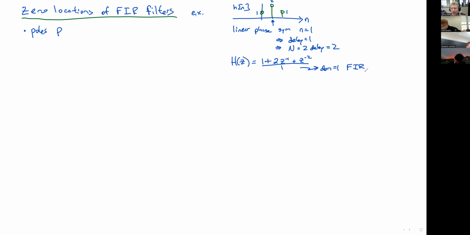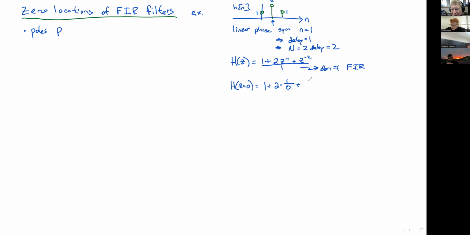Cole, tell me what h of z is when we evaluate it at z equals 0. At z equals 0, it is 1. Sure about that? Yeah. 1 plus 2z to the -1 is just going to be 1 over z, right?